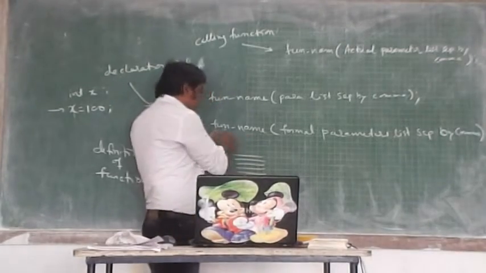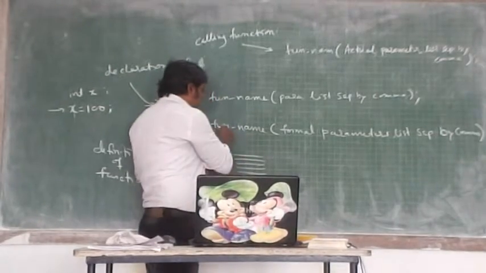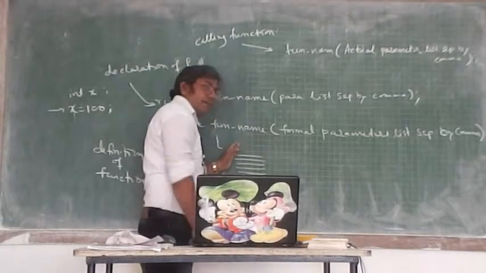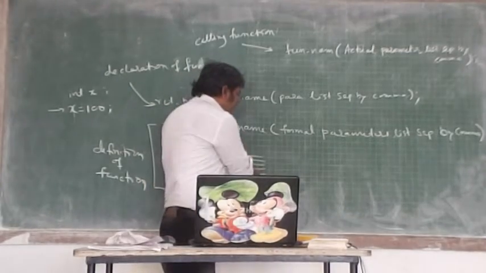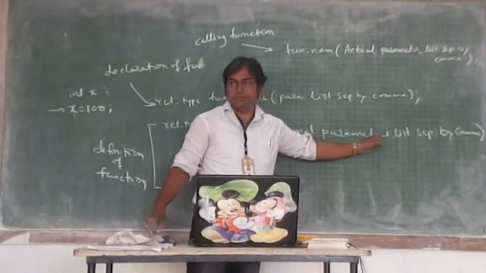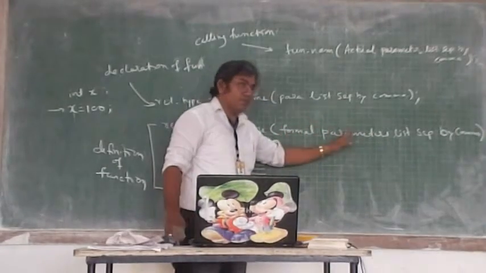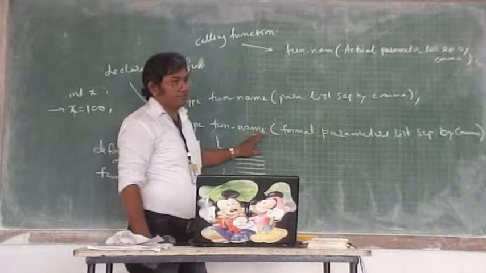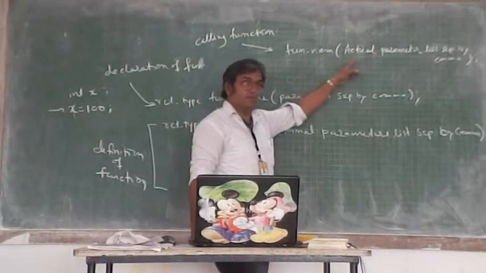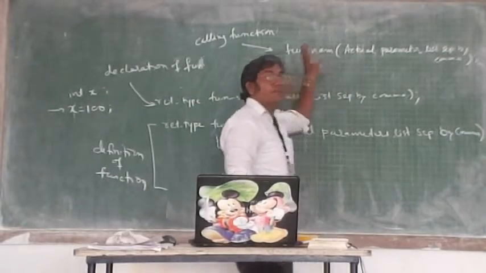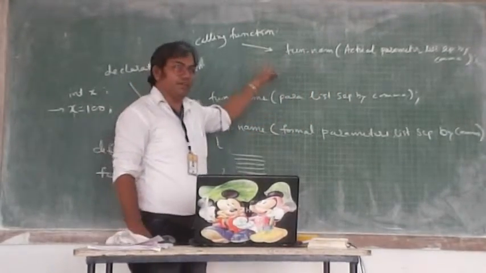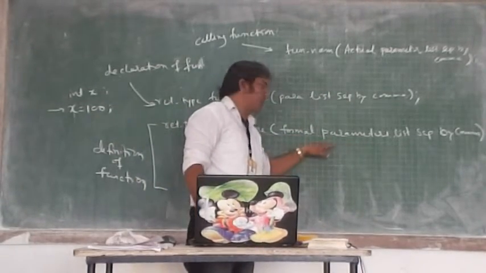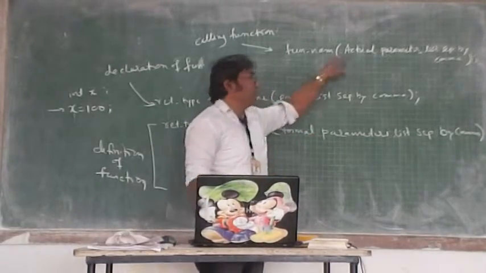Before starting the defining function I am writing formal parameters. So formal parameters are given to the defining function, and actual parameters are passed to the calling function. Both are parameters, but here these are called formal and here actual.